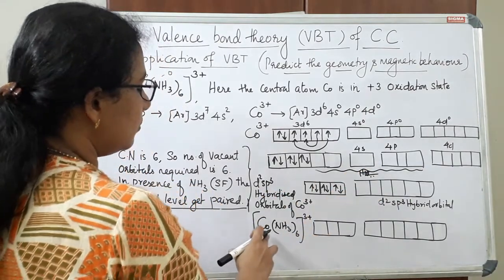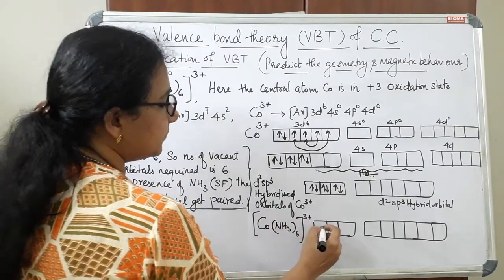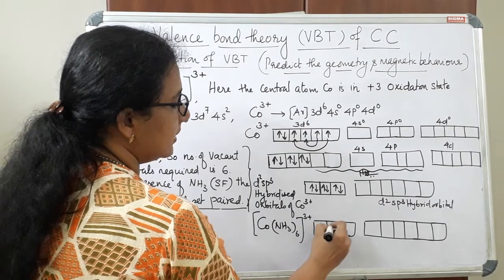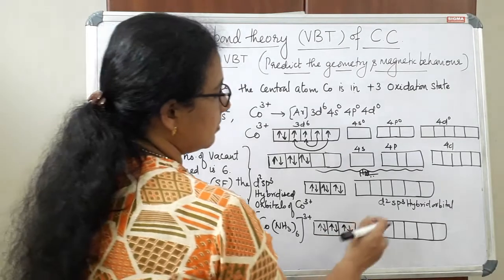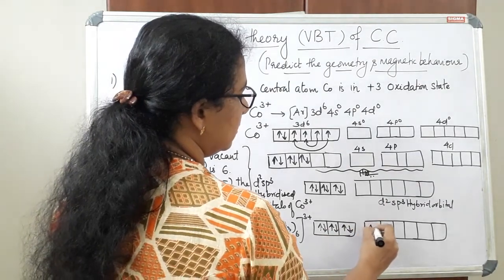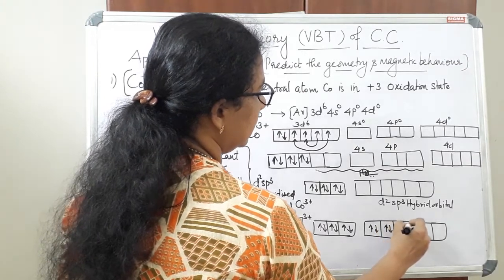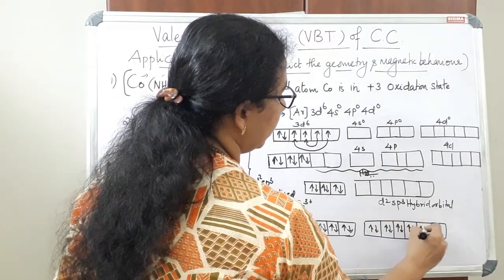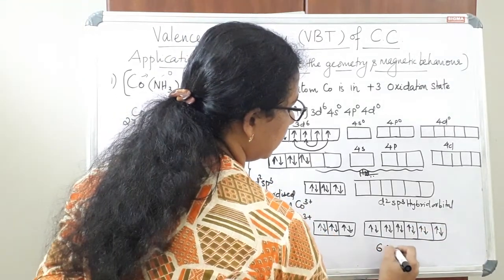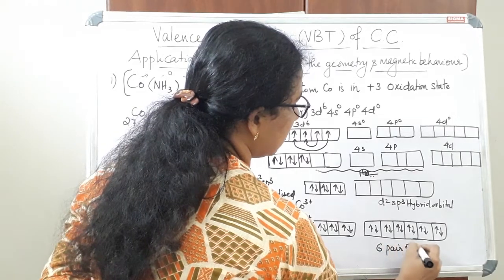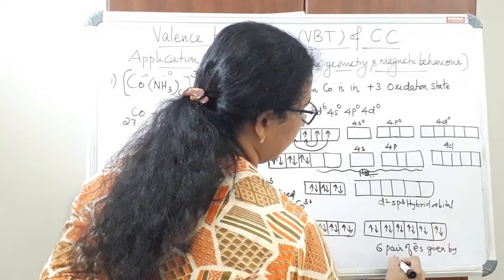Now we can draw the [Co(NH3)6]3+, that is here it is the same, the paired electrons. Now we can draw the electrons which are given by the ligands. Actually 6 pairs of electrons are given by NH3.